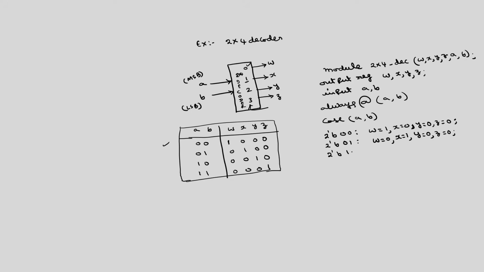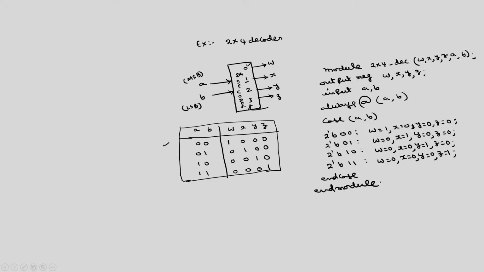Similarly, 2'b10, w is equal to 0, x is equal to 0, y is equal to 1, z is equal to 0. 2'b11, w is equal to 0, x is equal to 0, y is equal to 0, z is equal to 1 semicolon, end case, end module.